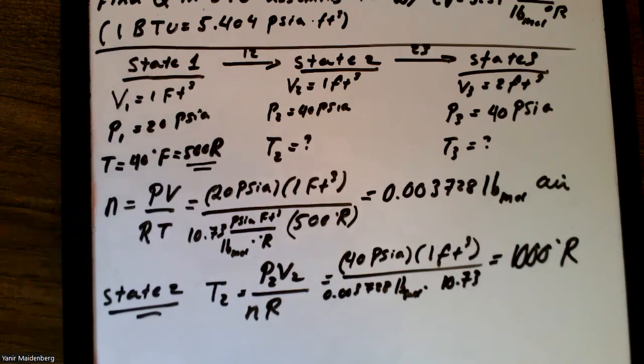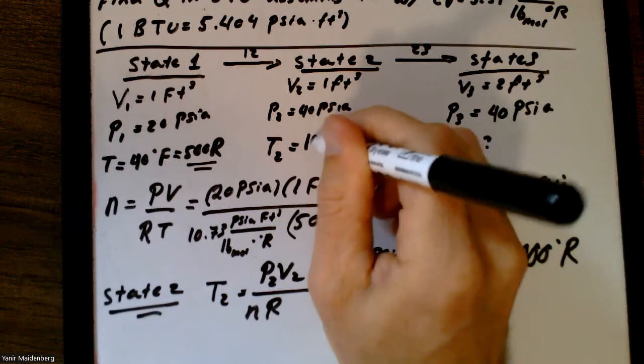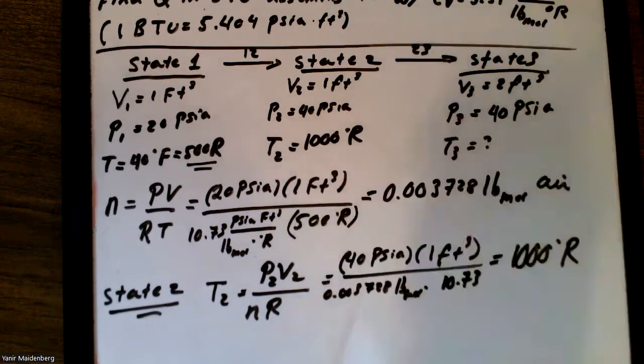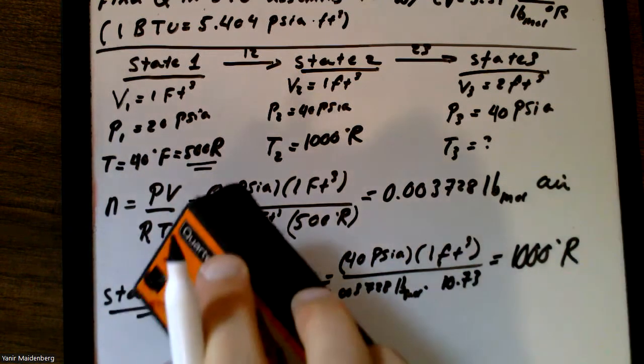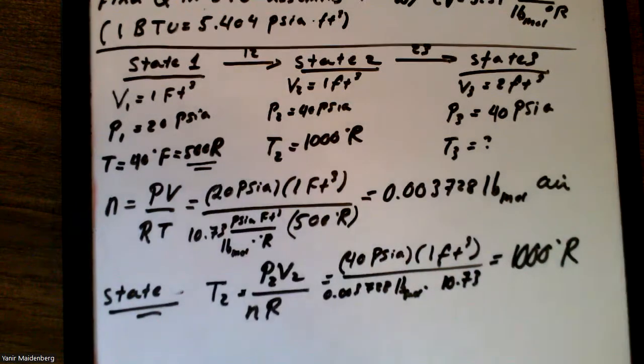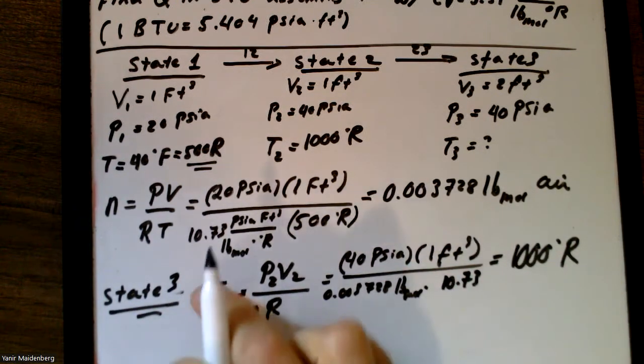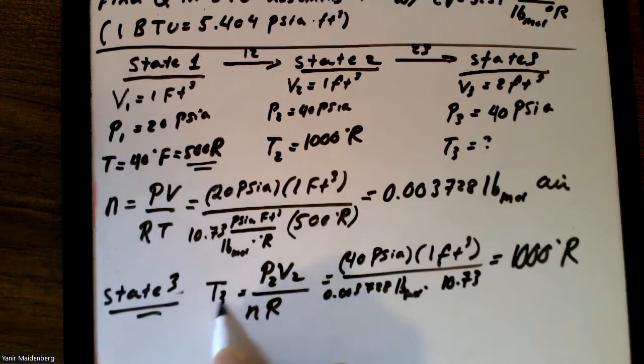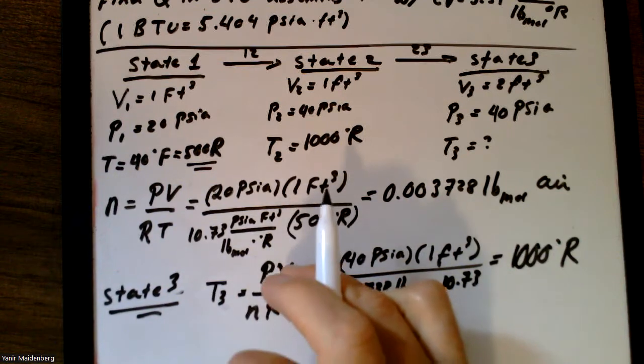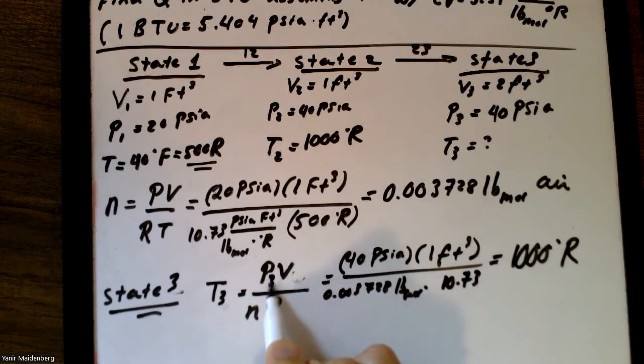Okay. So here, state 2, I got that this is 1,000 Rankine. And to get to state 3, I also need to find the temperature. State 3, it's going to be the same exact equation: P3V3 divided by NR.